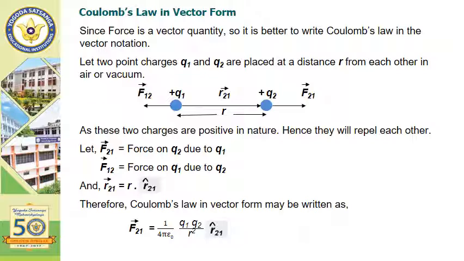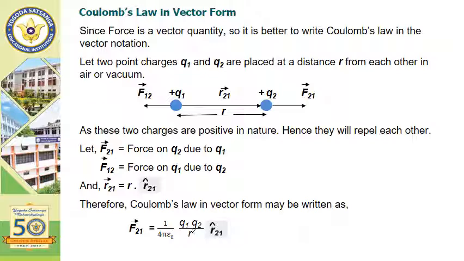Now these two charges are positive in nature, hence they will repel each other, and you can say there are forces in opposite directions. So for the r21 vector, we may write magnitude of r into unit vector of r21.